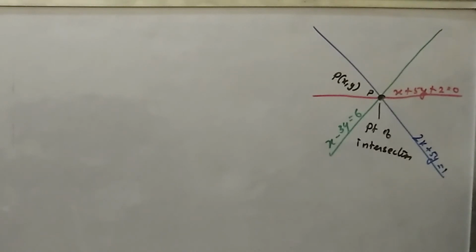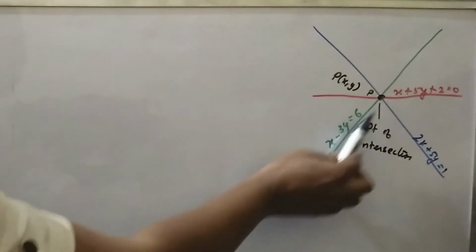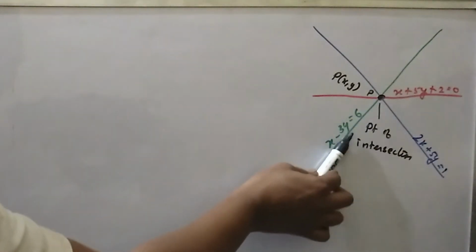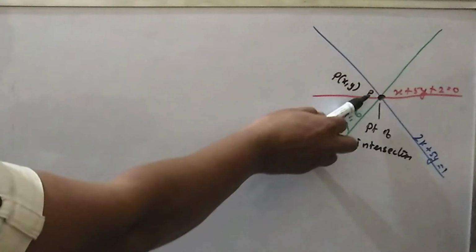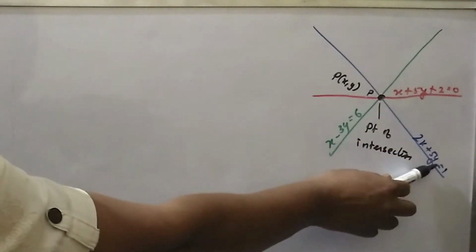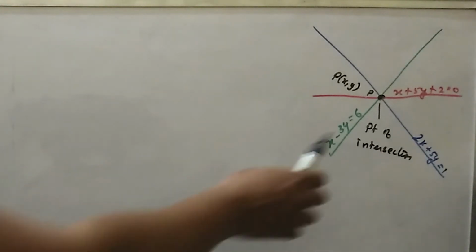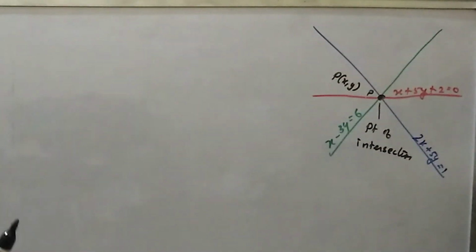If it is equal, then we can say these three lines are concurrent.